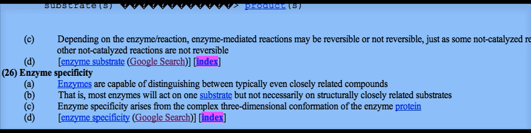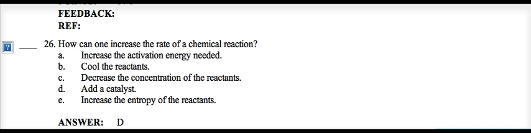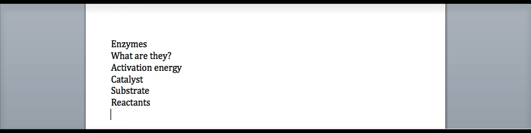So let's go back to the question then. Oh, we answered the question already, that it was D to add a catalyst, and then we went over catalysts. So, ding. Okay, enzymes, what do you have to know? What are they? What is activation energy? What does catalyst mean?